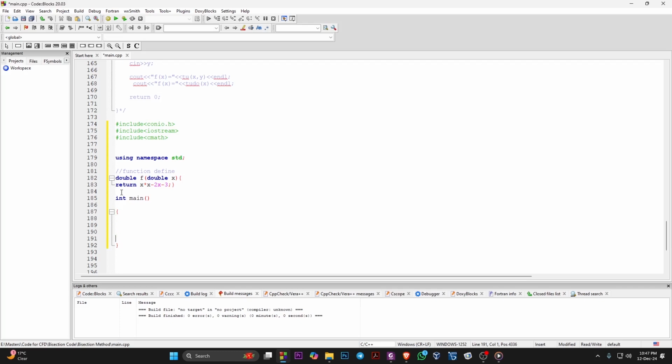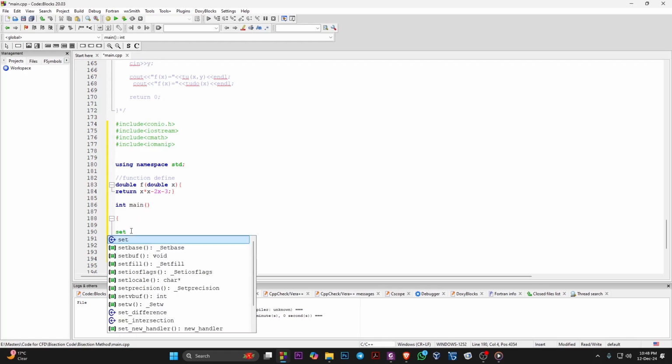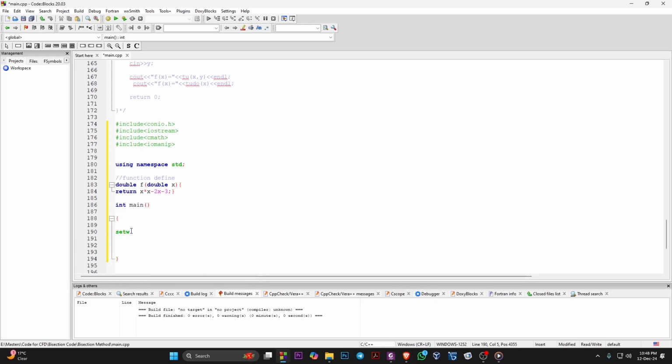Then the main function. As I would like to use the input output format setw, I will use the setw function to set up my font spacing.